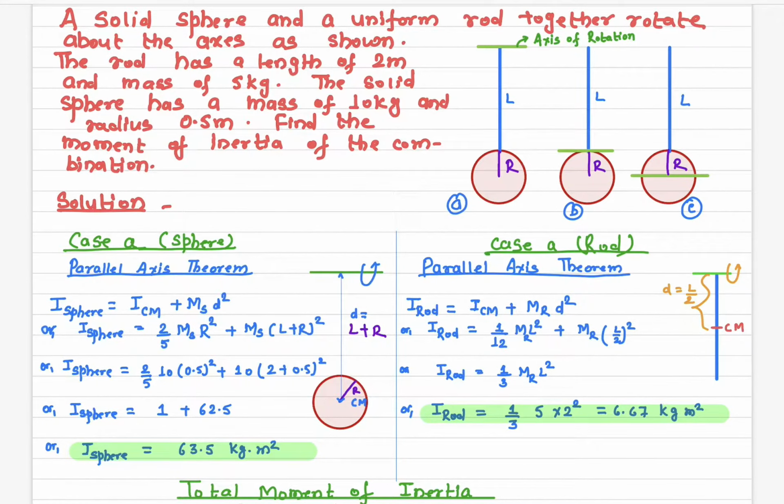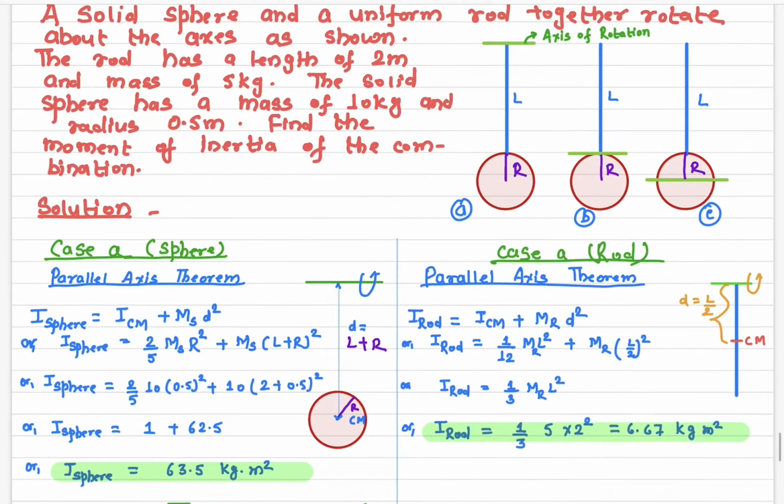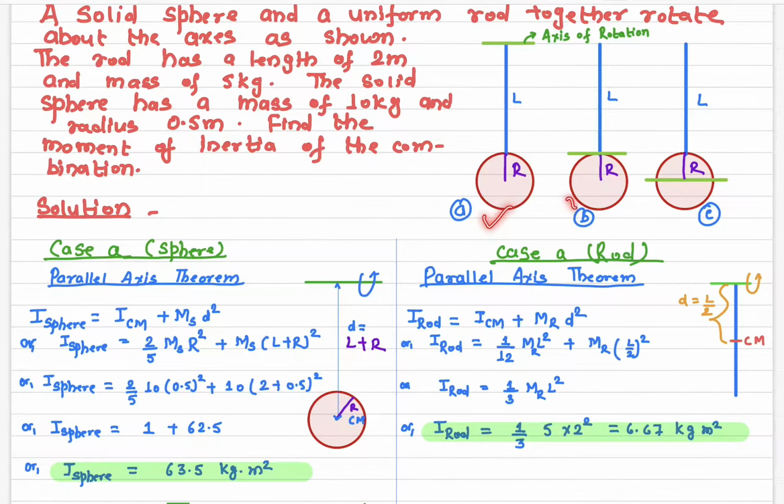Now we need to find out the moment of inertia in each case. The moment of inertia would be different because it depends on how the masses are distributed with respect to the axis of rotation. And you can clearly see here, in this particular case, the masses are distributed far from the axis of rotation.